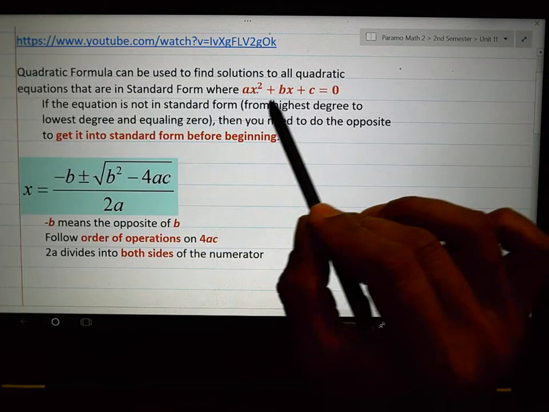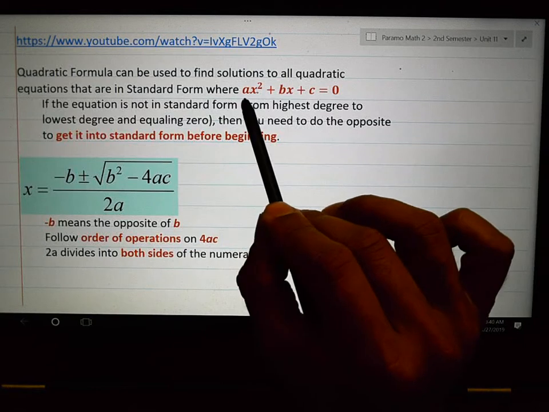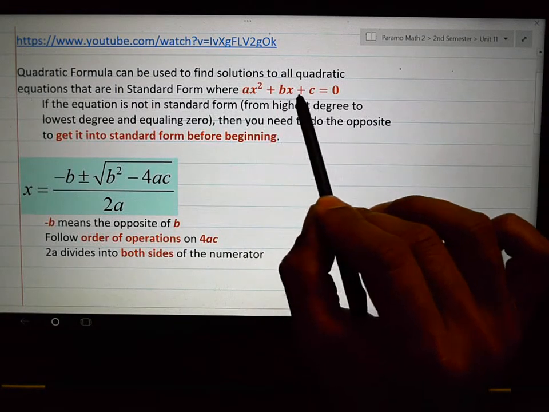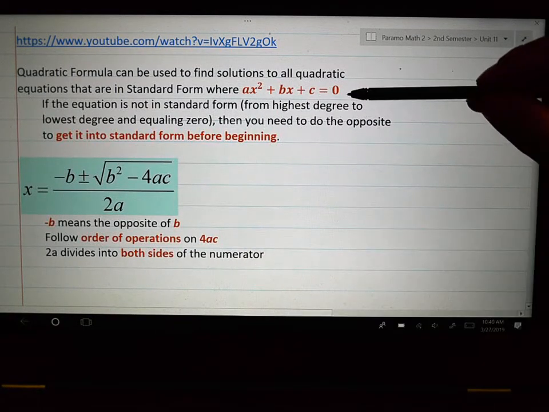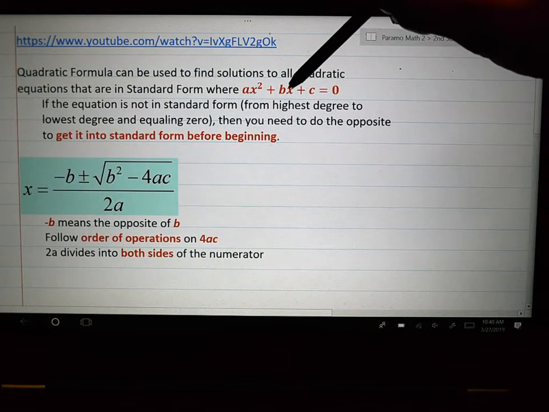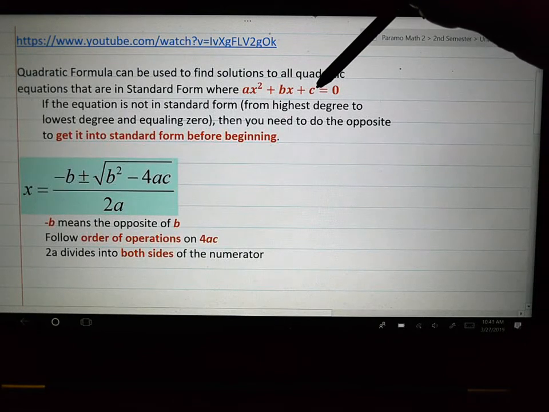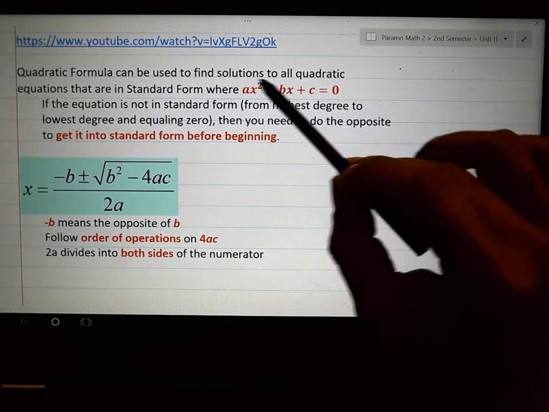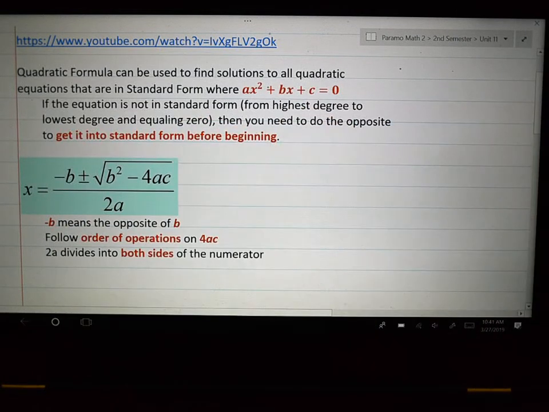If I have something that's in standard form, ax squared plus bx plus c equals 0, as long as it's equal to 0, as long as it's the highest degree to the next highest degree to the constant equals 0, then you can plug things into this formula, simplify it, and you can find out where it crosses the x-axis, or you can find out where it's equal to 0.